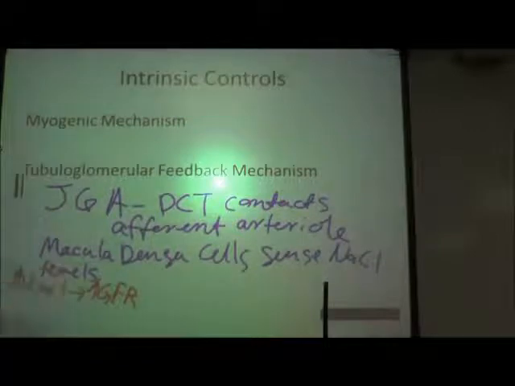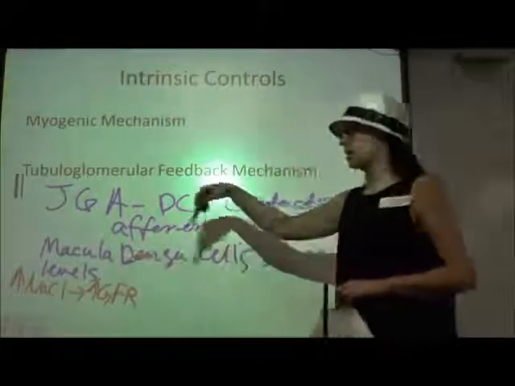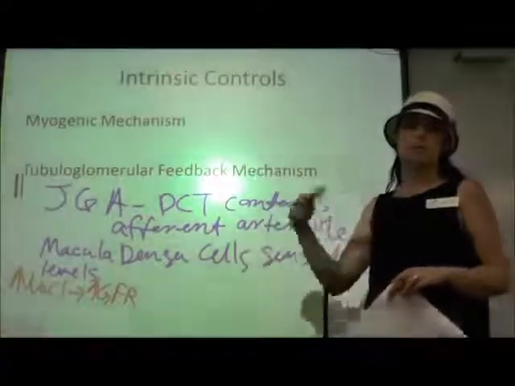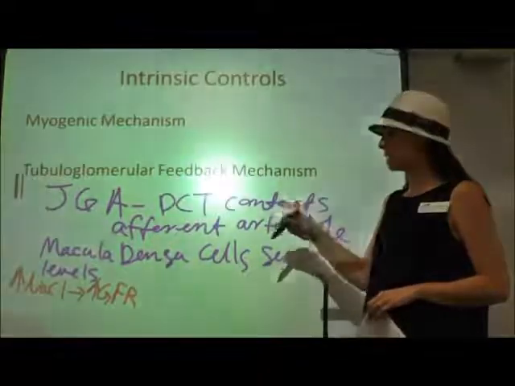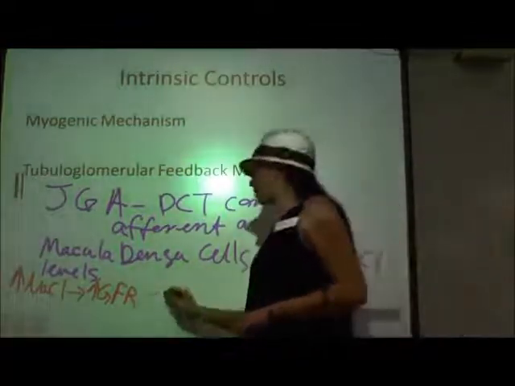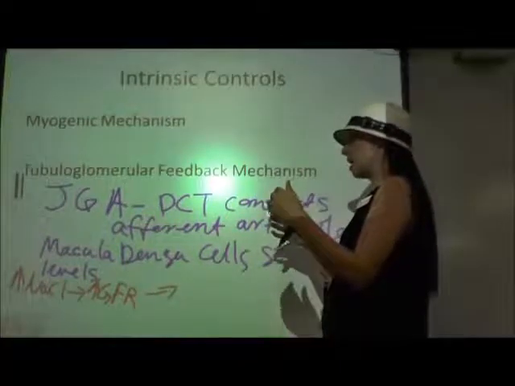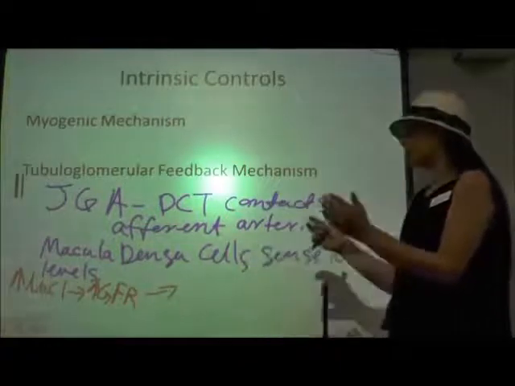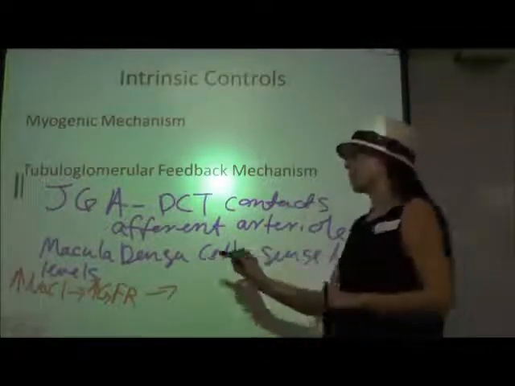So to come back to homeostasis then, these macula densa cells are going to use these other cells as kind of an in-between, go-between, they're called mesangial cells. And the mesangial cells are going to signal your JG cells to, in this case, constrict, so that we can drop the hydrostatic pressure in the glomerulus and drop our glomerular filtration rate.